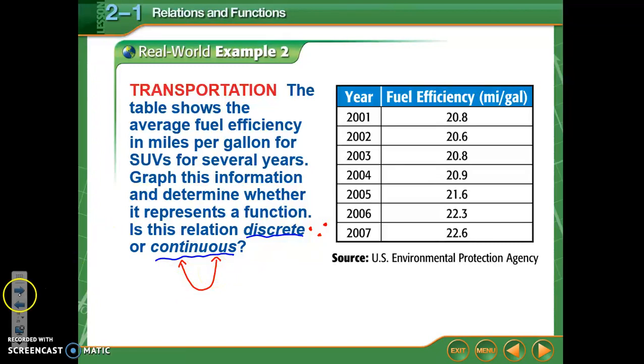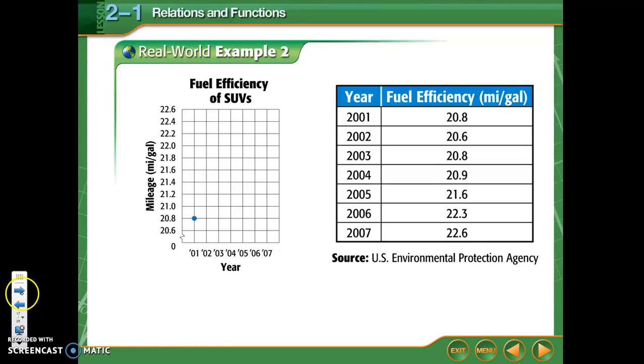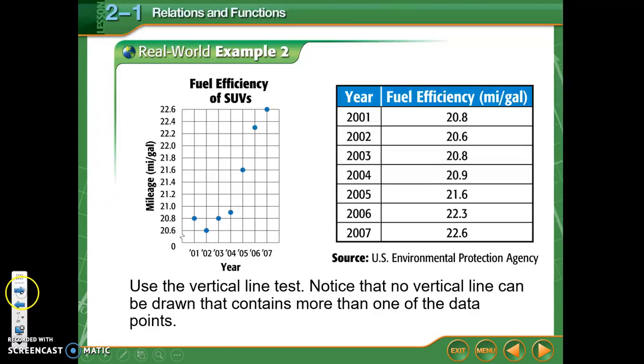We would say that is continuous. So if we look at this relationship that we drew here, since it's individual points, we say that this function, because we determined that it is a function, this function is discrete. The points are not connected. The function doesn't exist between the points. It only exists at those specific points. So we call it a discrete function.